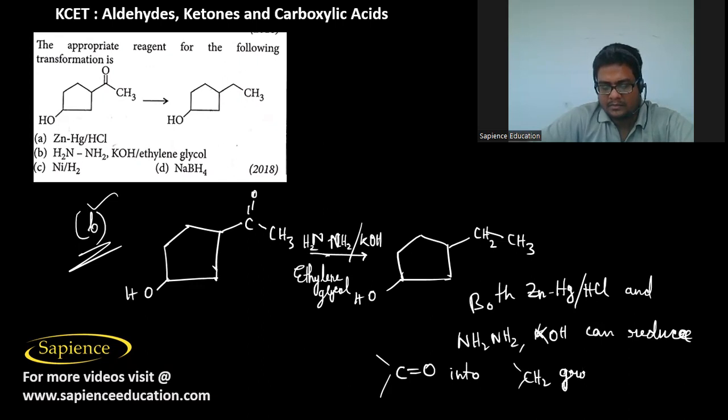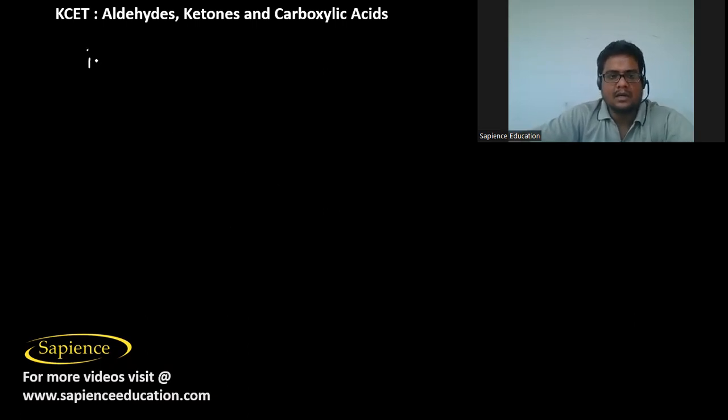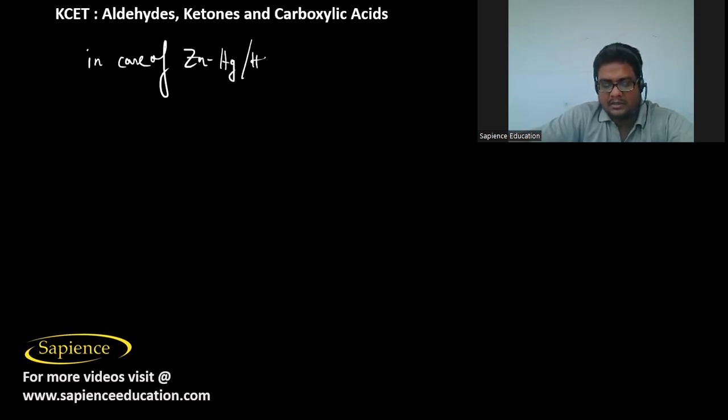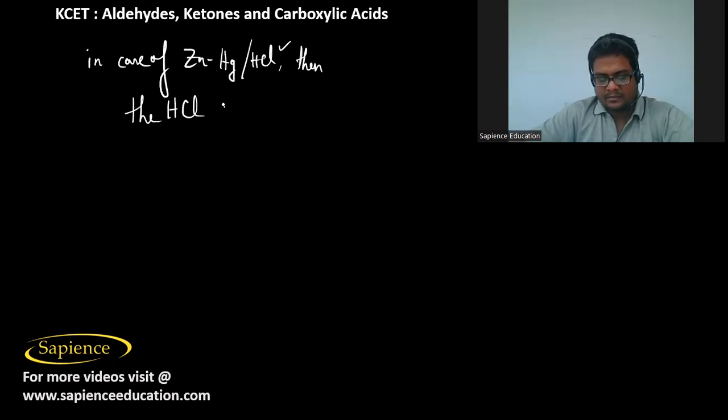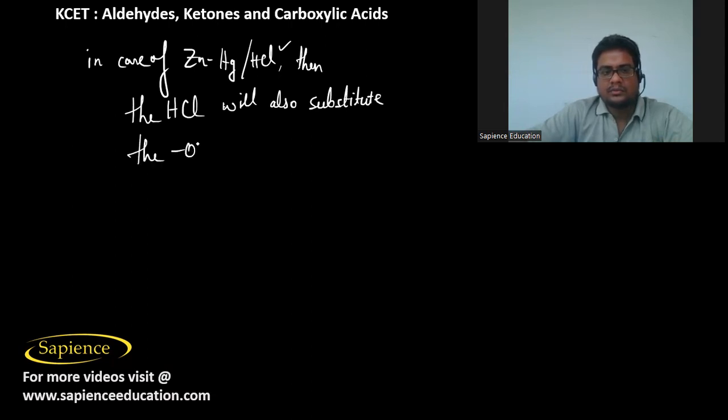But the rule is that in case of zinc mercury amalgam and HCl, if it is used, then the HCl will also substitute the OH group with Cl.